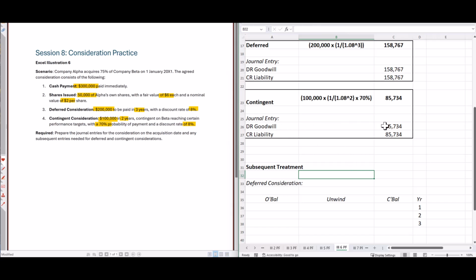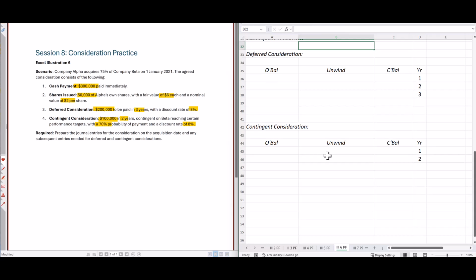Each of these will be going to goodwill. If you had all of them in the question, you'd add them all up and that would be the total consideration. And then the other side of them depends on what it is. It's either cash, share capital and share premium, or a liability. Don't forget though, if you have created a liability for deferred or contingent consideration, we do need to unwind the discounting.